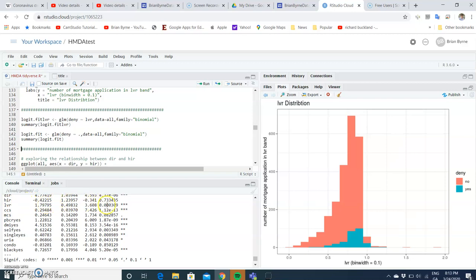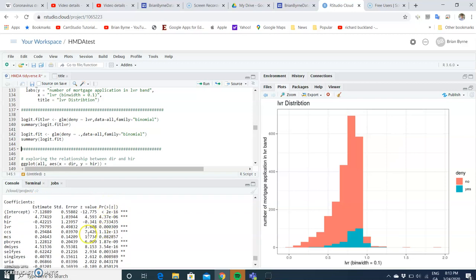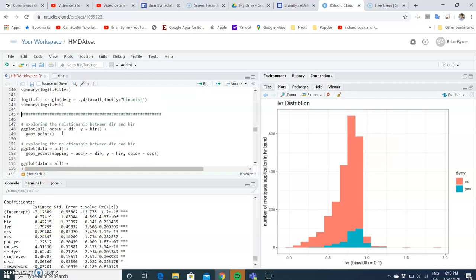Is it statistically significant? Well, it is, the p-value is less than 0.05. So it is statistically significant, and it's positive, denoting a higher LVR is associated with a higher amount of mortgage denial. That confirms perhaps some of our initial suspicions here.